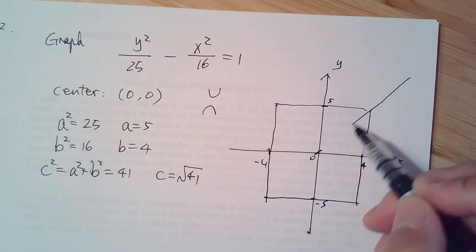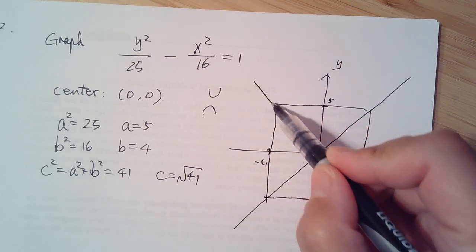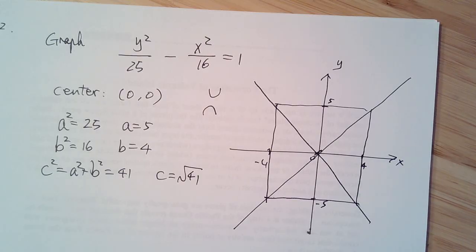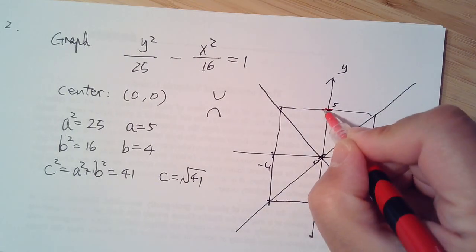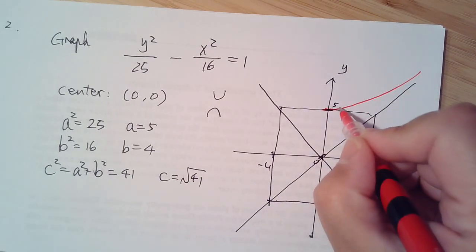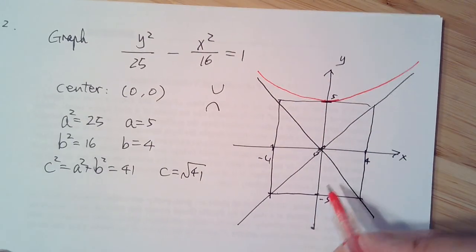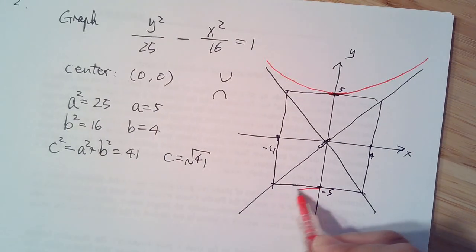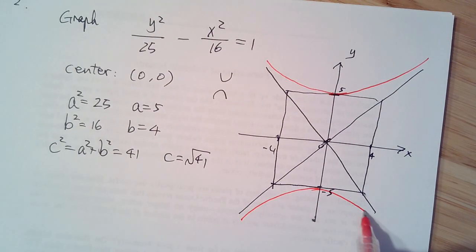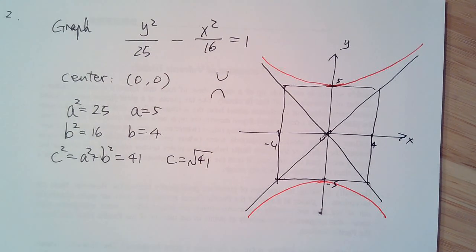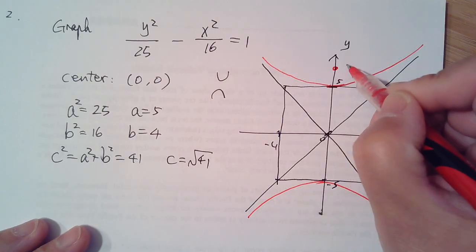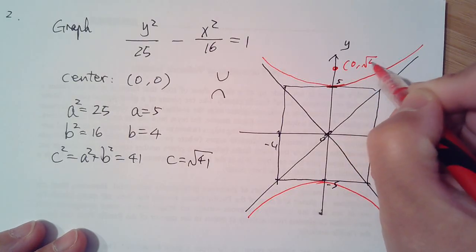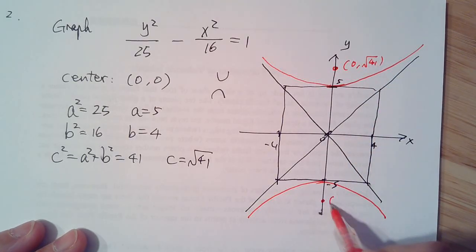Look at the diagonal lines. Those are your asymptotes. And then you go from here, and of course, like that. And your foci are (0, √41) and (0, -√41). That's your foci.